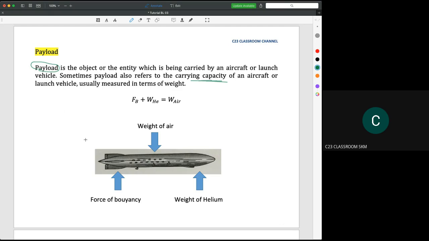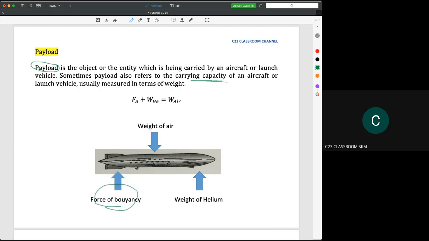First, what we need to think about is that this is helium gas. Helium has the characteristic to float, to go up and float in air. We could have a free body diagram like this. For example, we have a force of buoyancy.